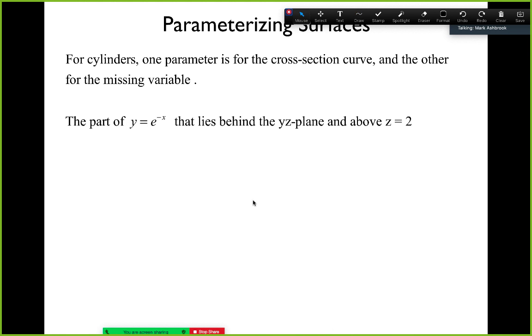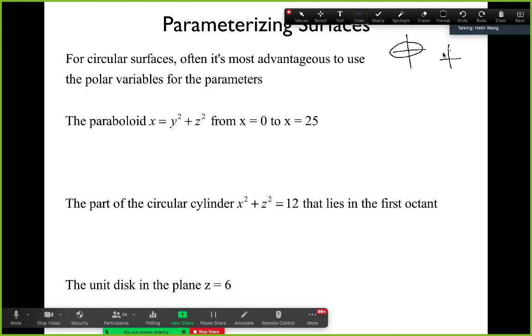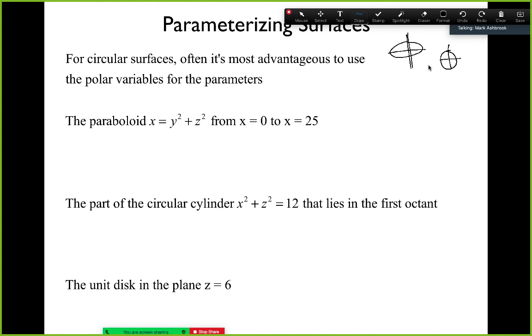Okay, next, circular surfaces. Remember when we had circular curves, ellipses and circles, what did we use for the parameter? What's the one variable that we have to get us all the points on an ellipse or a circle?